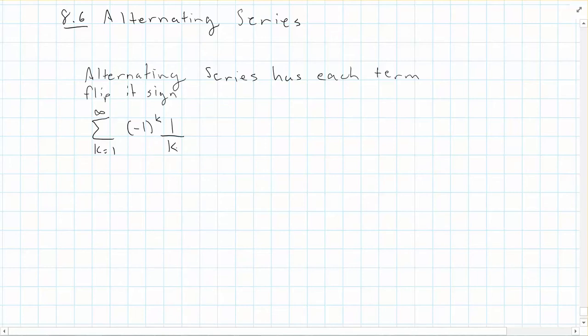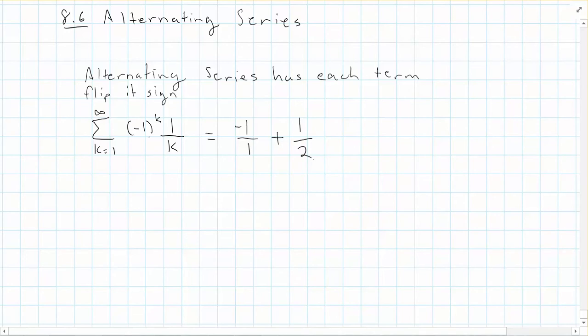This is an example of an alternating series: -1 to the k power times 1 over k. Because if you do this for k equals 1 to infinity, you would have -1 over 1, plus, and then I'd have -1 squared, so it'd be plus 1 over 2.